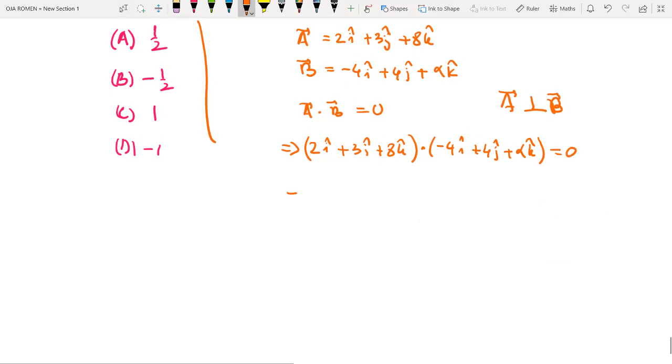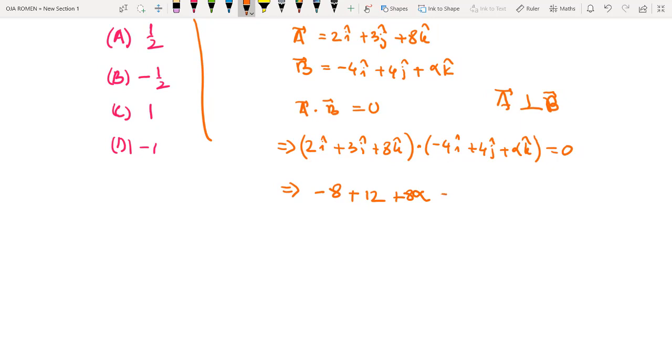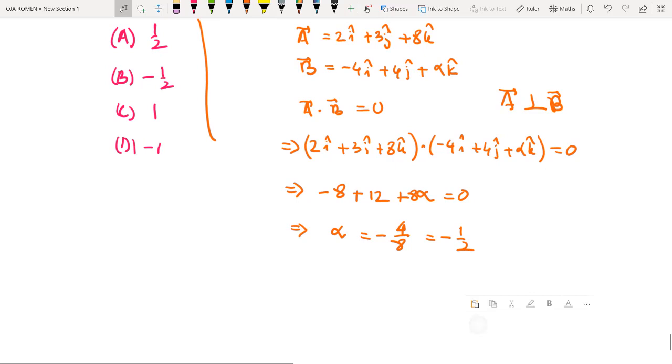So this is minus 8 plus 12 plus 8 alpha equal to 0, or alpha equal to minus 4 by 8. So this is minus half. So answer is B.